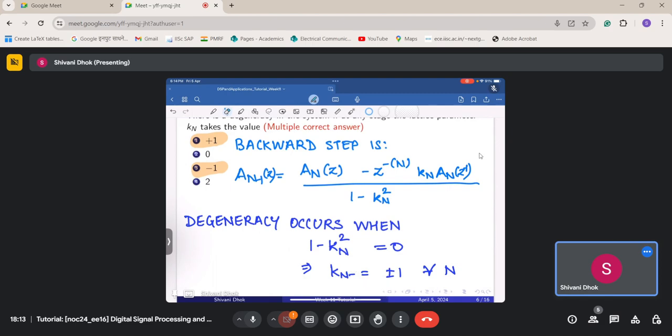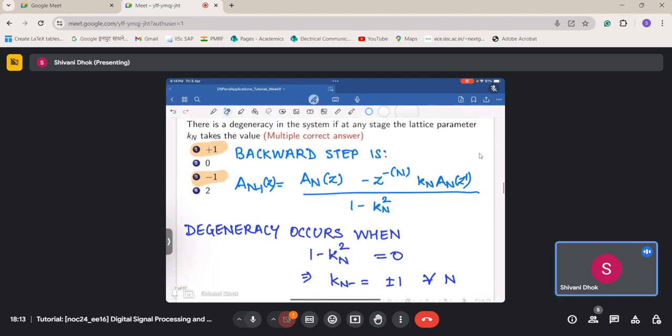So degeneracy will occur if I have kn equal to plus 1 or minus 1. This was done in lecture also, but since it was in previous assignments I took it.